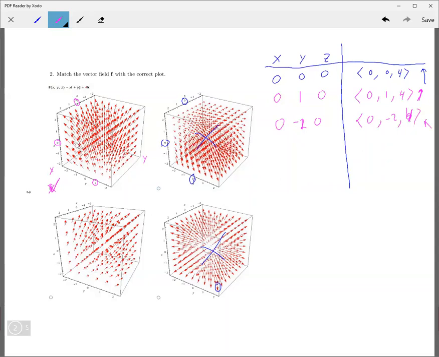And these ones point backwards, whereas these ones are always pointing forward. Even though you're negative over here, these are pointing forward. That's wrong. So top left is the correct answer. Okay, so this is the one right here.